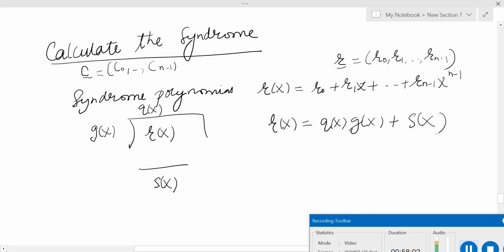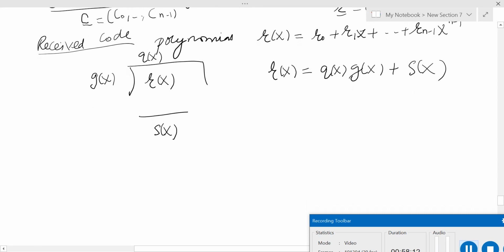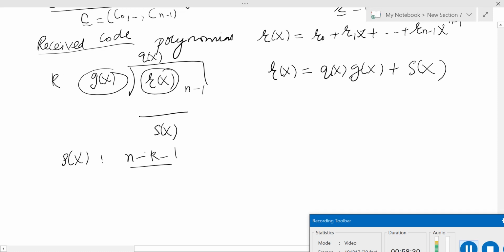Sorry, this is not the syndrome polynomial, I am extremely sorry. This is the received code polynomial, what you received, not the syndrome polynomial. The remainder term s of x will definitely have degree n minus k minus 1, because r of x has degree n minus 1, g of x has degree k, and the remainder will have degree n minus k minus 1.